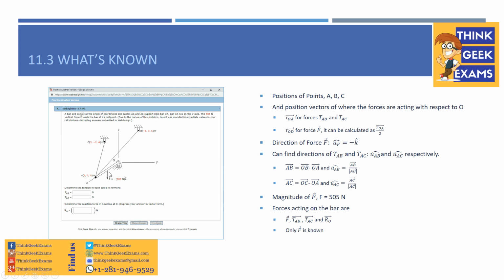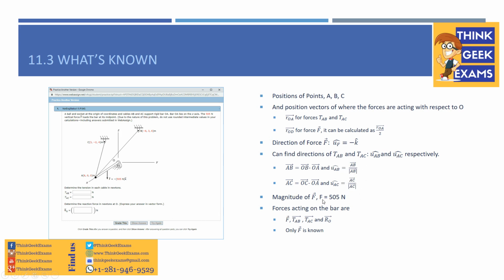So the directions of the forces are U of F, which is minus K direction, and U of AB, which is the direction from here to B, and the direction vector UAC, which is from here to here. And they can be calculated by subtracting OB minus OA and dividing by the magnitude, and OC minus OA and dividing by the magnitude of the difference. And that's what's described over here.